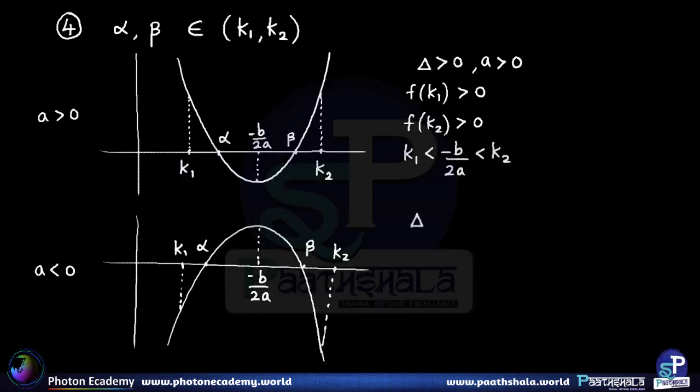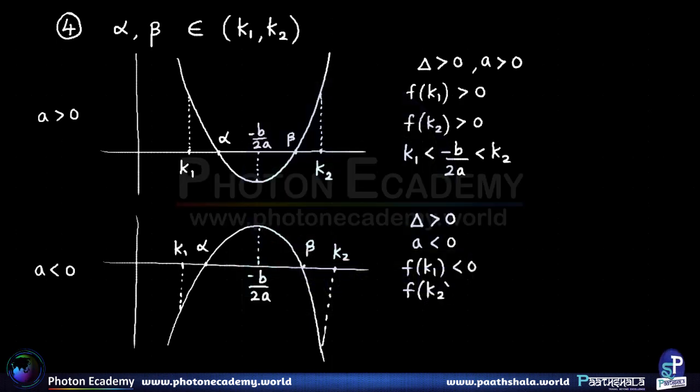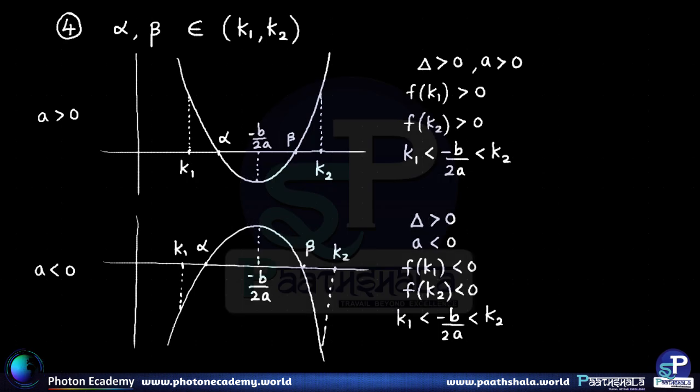So let's write the set of conditions once again here. Delta is positive, a is negative, then f of k1 is negative as well as f of k2 is also negative, and once again we must have k1 less than minus b by 2a, which in turn should be less than k2. So this is the final set of conditions.